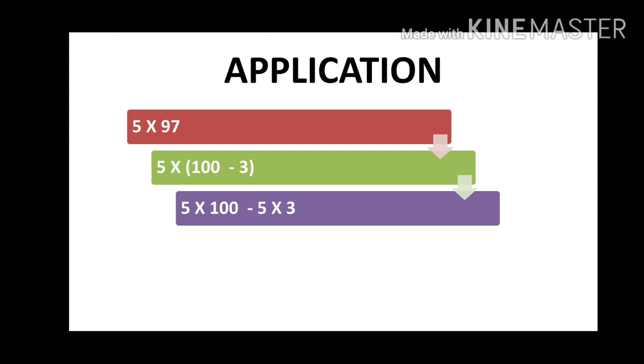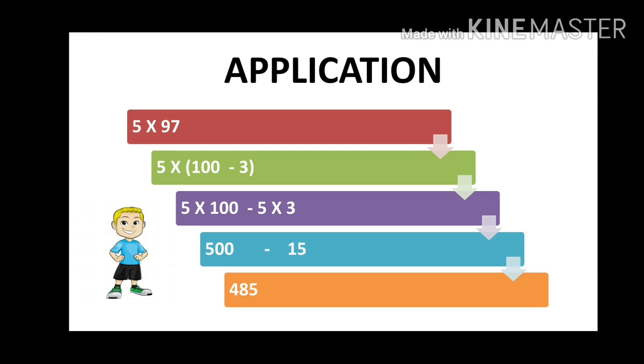So 5 will take 100 and 5 will take 3 also. So 500 minus 15, that becomes 485. That's Johnny's rule. So 5, he wants to take everything that is inside the bracket. So inside the bracket 100 is there and 3 is there. So 5 takes 100, 5 takes 3 also. That becomes 500 minus 15, 485.